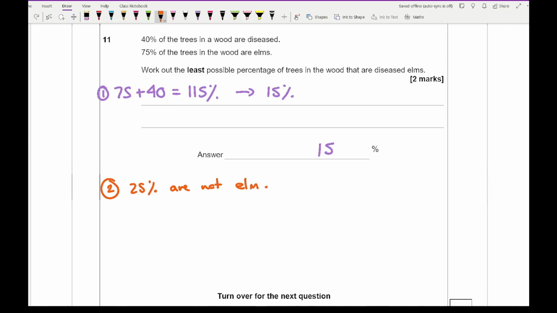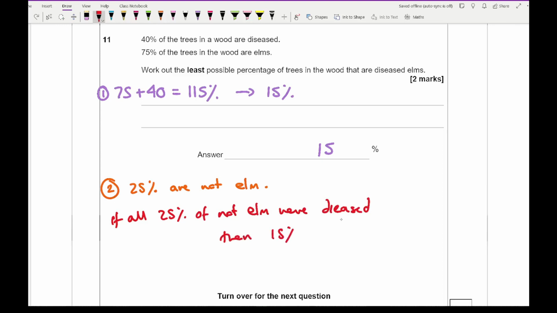Now, if we look at the 40% of trees that are diseased, if all 25% of not elm were diseased, then 15% must be elm and diseased. So that's going to be the smallest amount that could be elm and diseased, given those initial percentages at the start of the question.